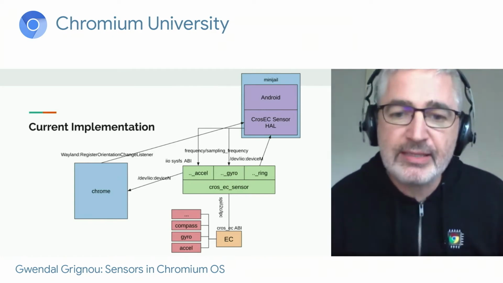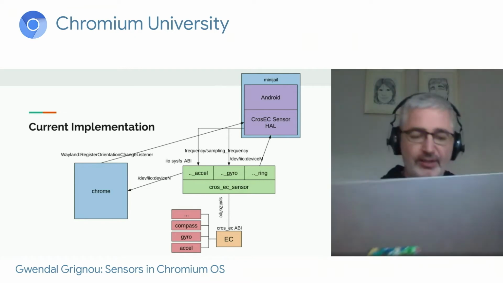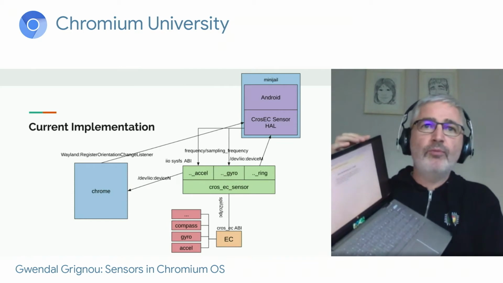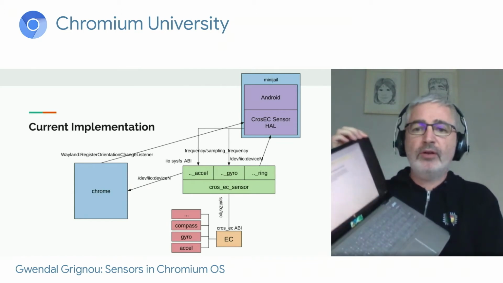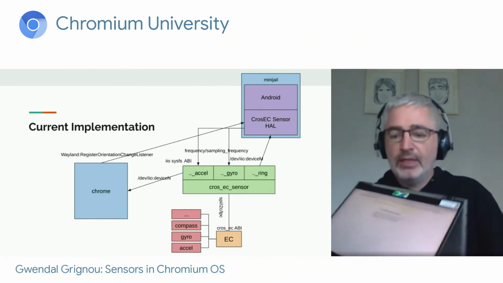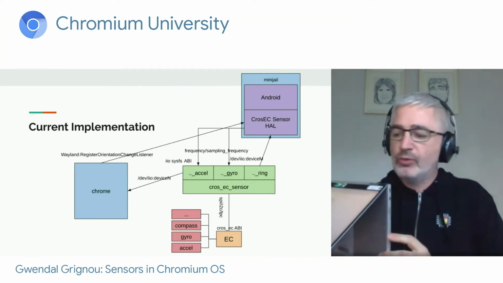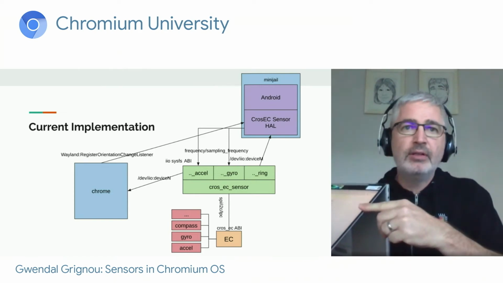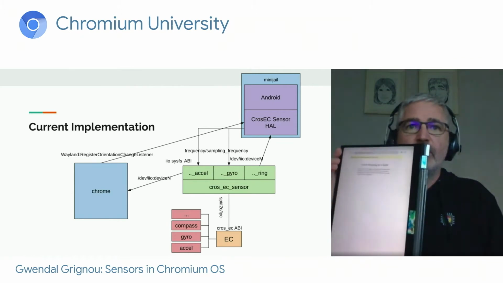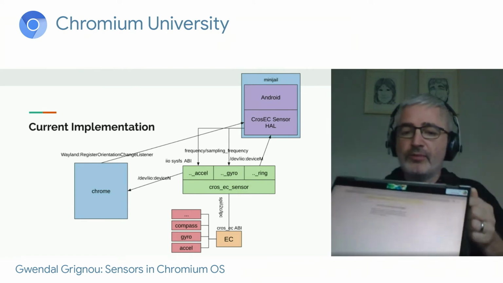So why is Chrome poking at sensors? Take the example of a laptop. Most Chromebooks are convertible. When you put them into tablet mode, we use the two accelerometers, one in the lid and one in the base, to calculate the lid angle, and then we can rotate the screen depending on the orientation of the sensor.